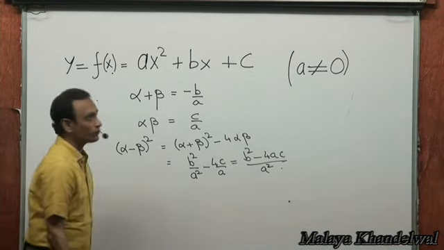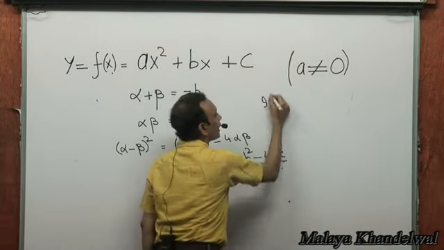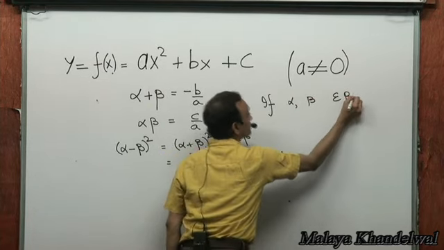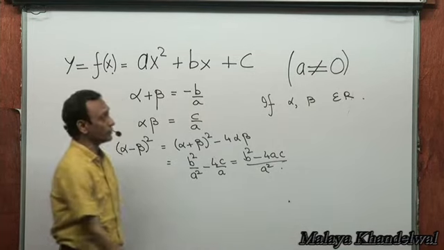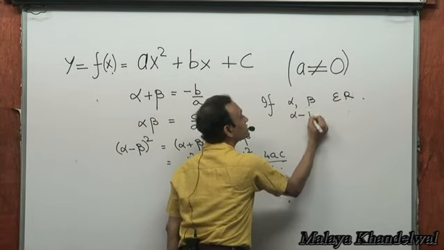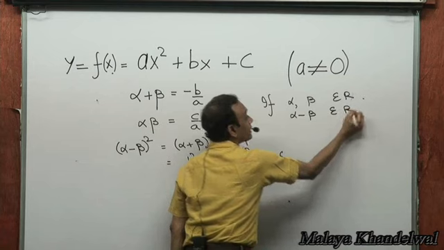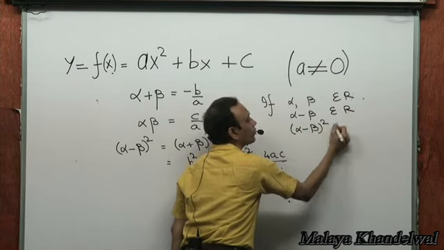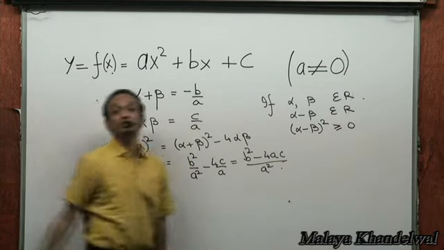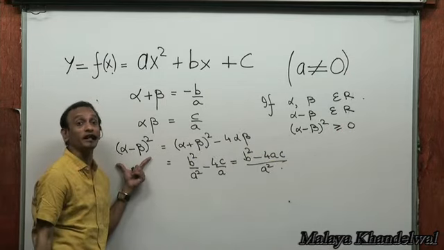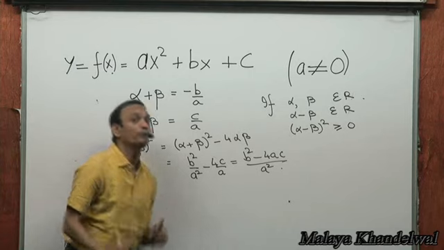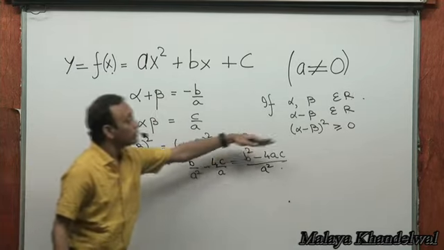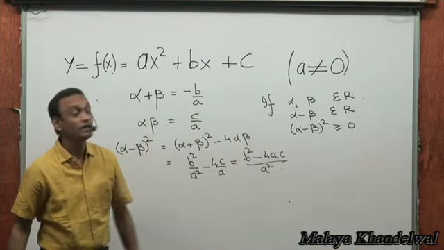Now, if alpha and beta are real numbers, that means if the roots are real, then alpha minus beta would also be real, and the square of a real number will always be non-negative. So alpha minus beta whole squared will always be non-negative.